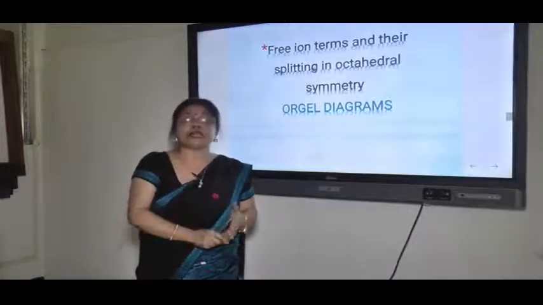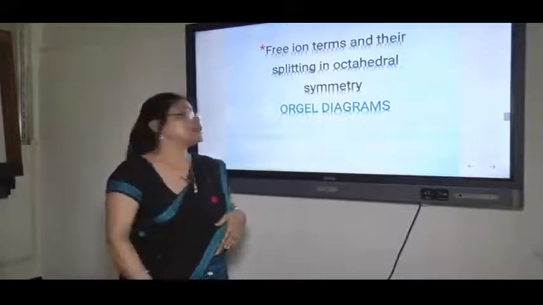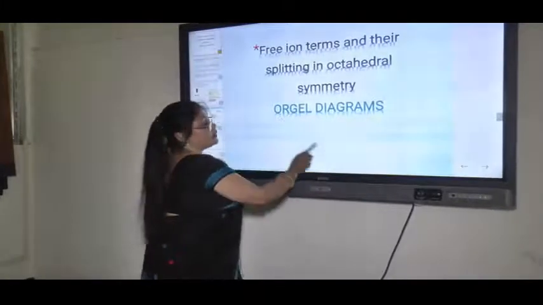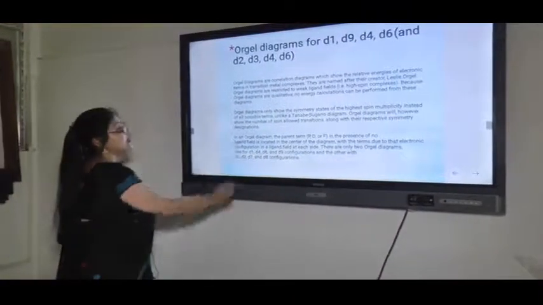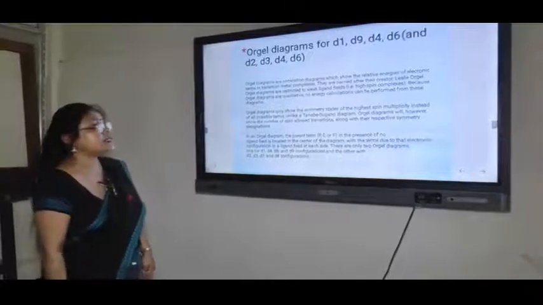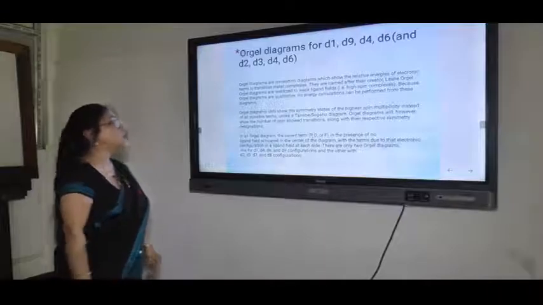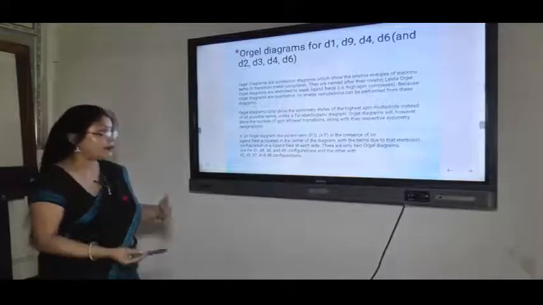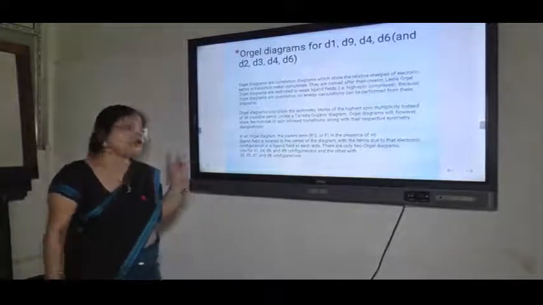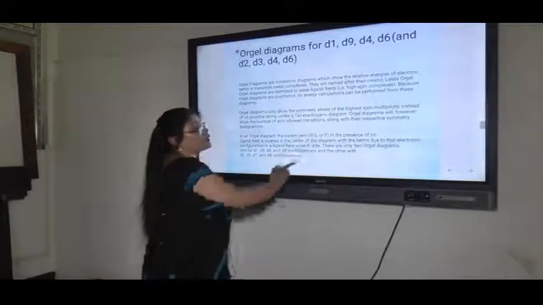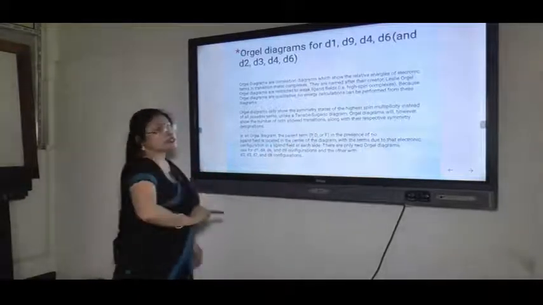How they split, and what transitions arise from that splitting, is explained by the Orgel diagram. The Orgel diagram shows only the symmetry states of highest spin multiplicity instead of all possible terms. There are other diagrams also, like the Tanabe-Sugano diagram, but unlike the Tanabe-Sugano diagram, the Orgel diagram is not at all quantitative. It is only a qualitative description.